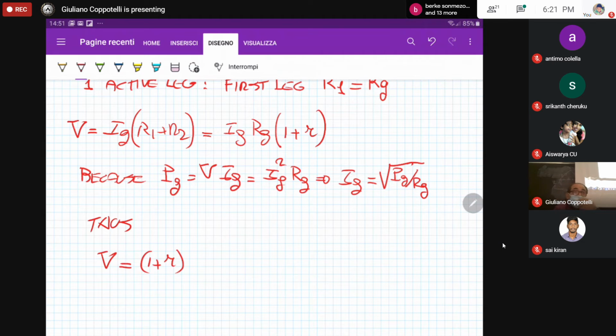And then the product Ig times Rg, because of the power, could be rewritten as the square root of Pg times Rg.